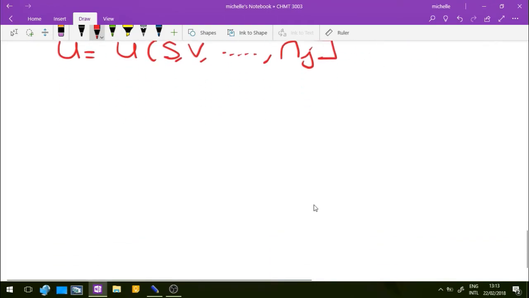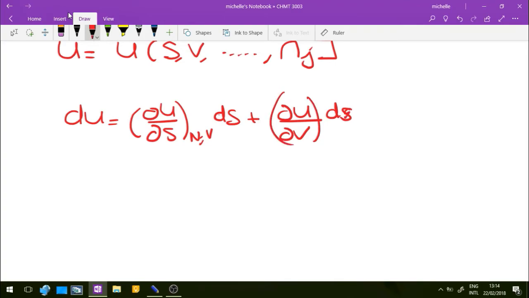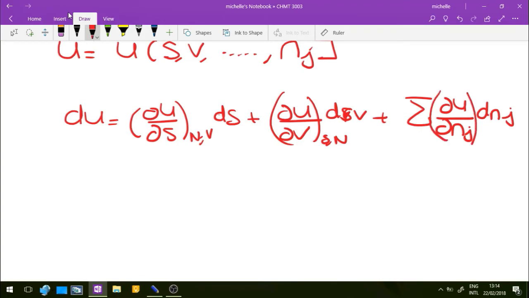And then in your formula you have du is equal to du by dS, where N and V are kept constant, dS, plus du by dV, where S and N are kept constant, dV, plus the summation of du by dnj, where V, S and ni components are kept constant, but ni must not equal nj, because then what's the point of having your partial derivative and differential over there?